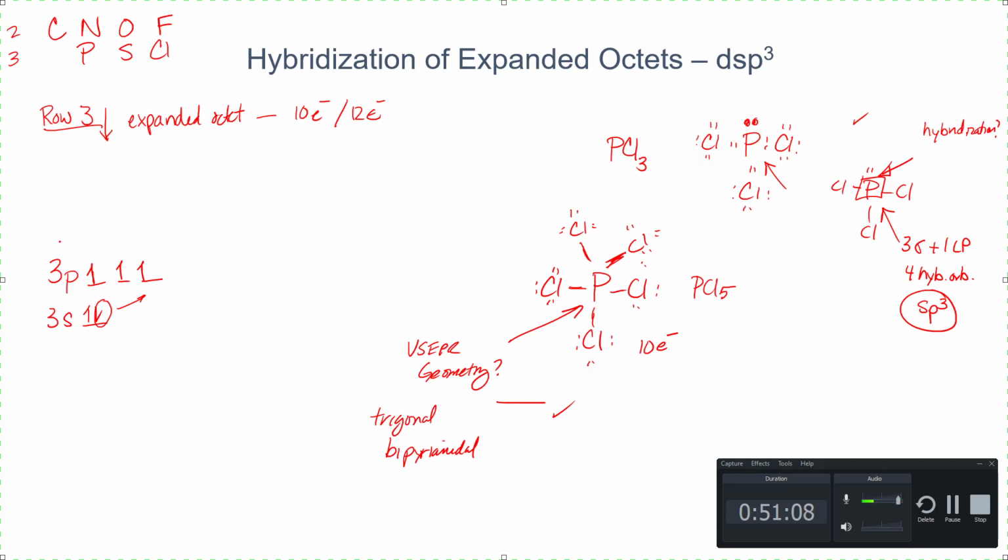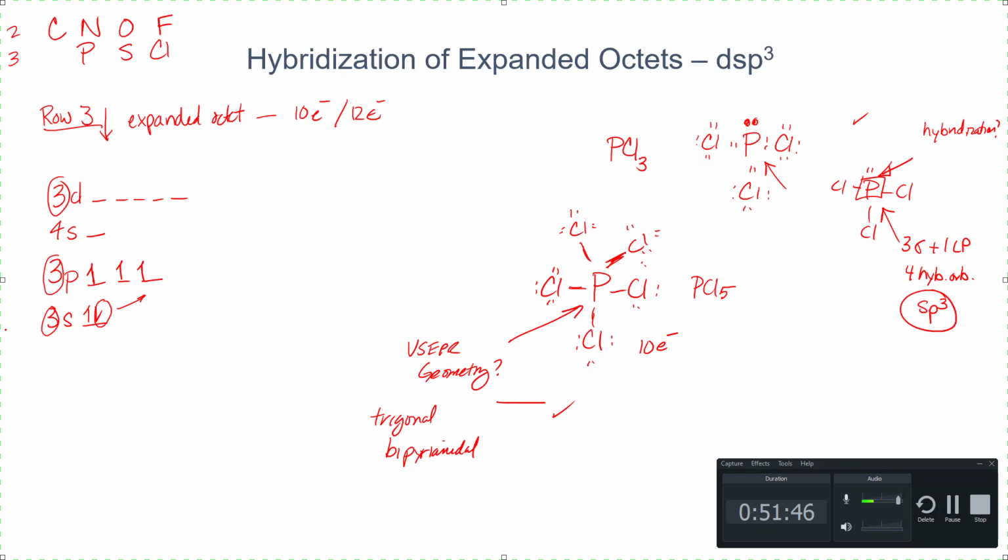Now, what is directly above the 3p orbital? If you said the 4s orbital, you are correct. What is above the 4s orbital? The 5 3d orbitals. Here's the problem. The quantum mechanical rules of hybridization only allow you to hybridize orbitals with the same principal quantum number.